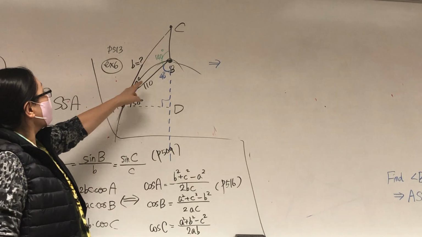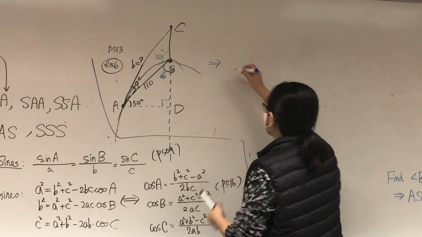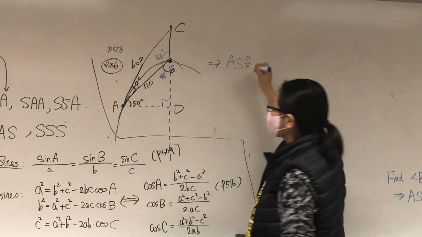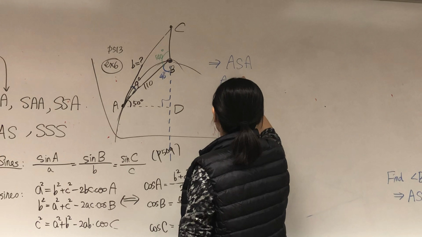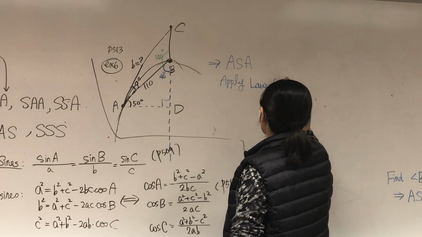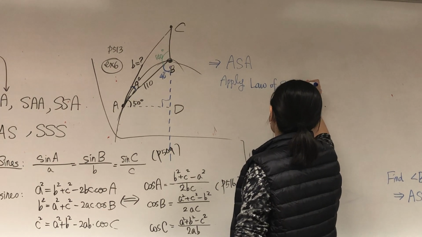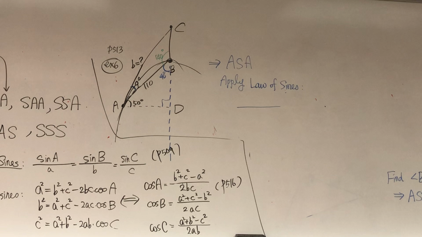Angle, side, angle. Yes, very good. ASA, yes. And then apply the law of sines. In triangle ABC, what do you want to do?